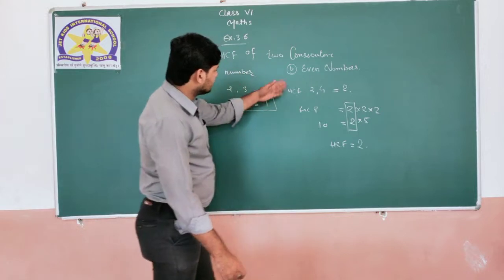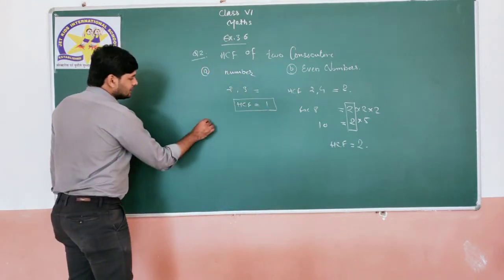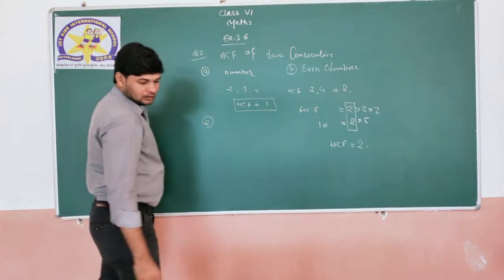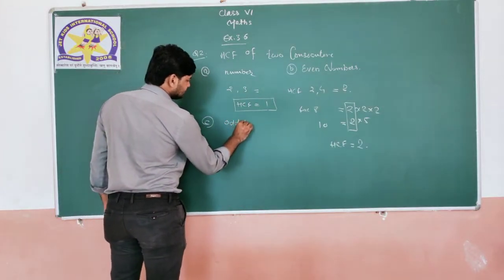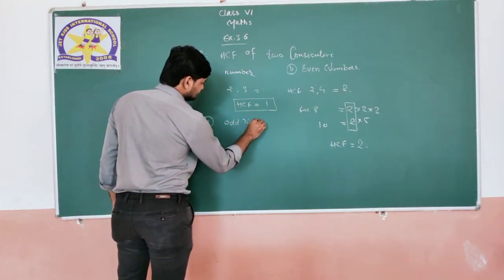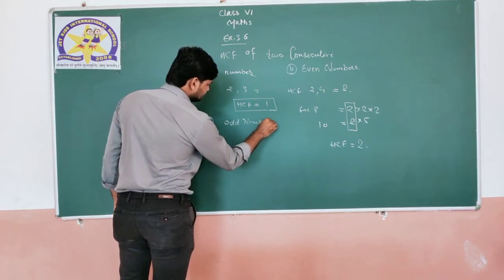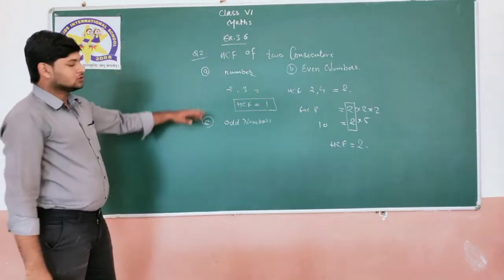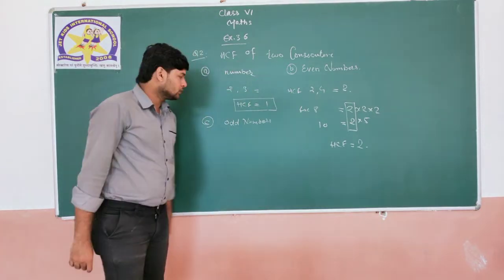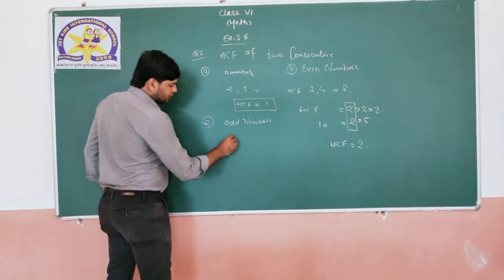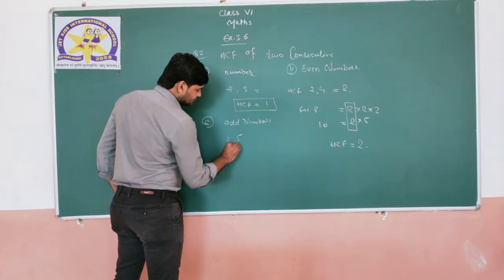next thing is, this is how you will write. Next thing is C, odd numbers. So HCF of two consecutive odd numbers. For example, consecutive odd numbers I am taking 3 and 5.